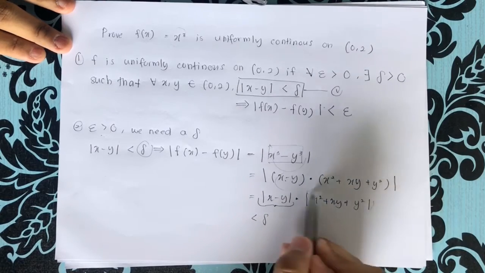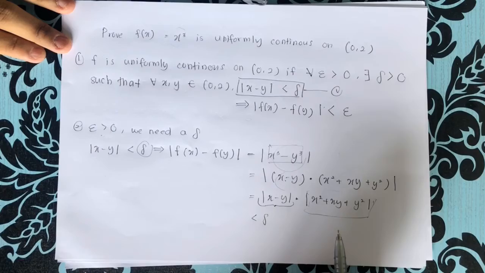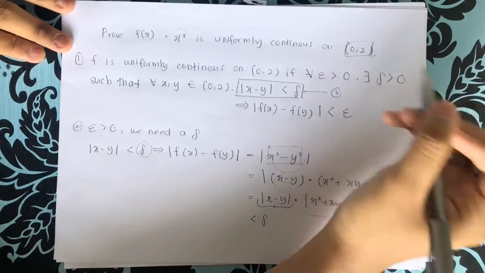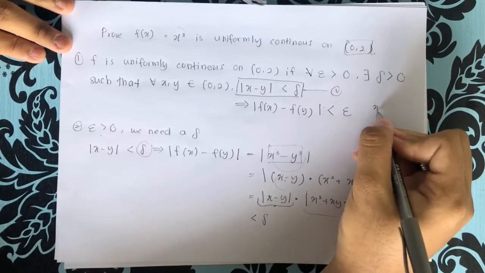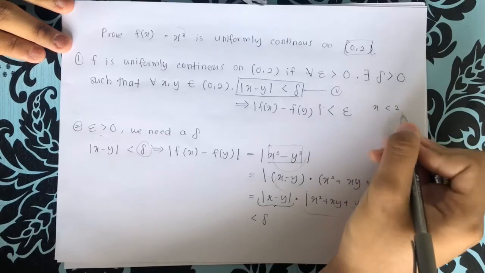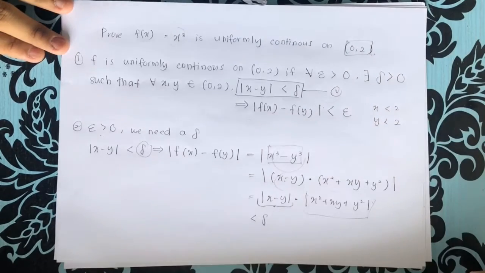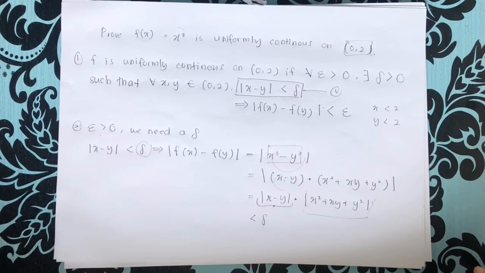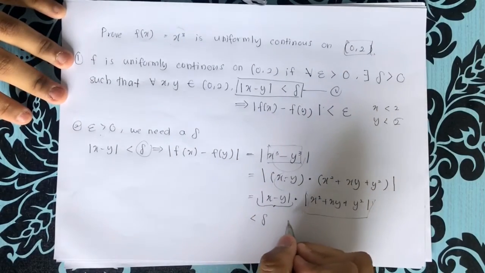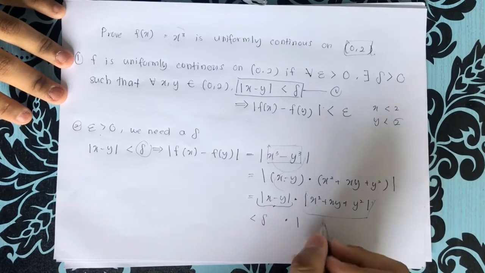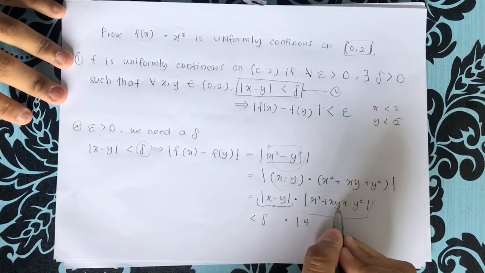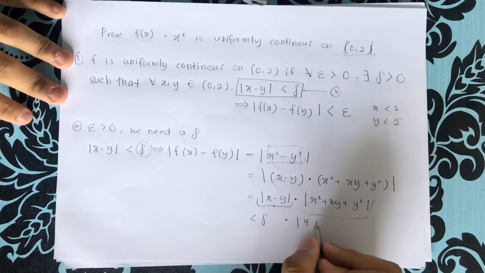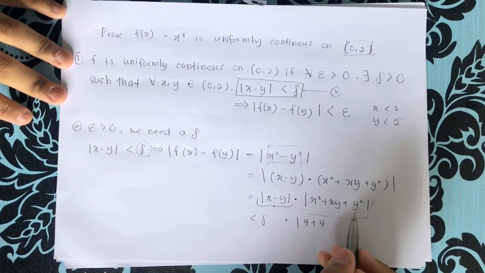And how about the other part? We need to figure that out. From the interval we know the maximum is 2 and the minimum is 0, so x is less than 2 and y is also less than 2. So we can take 2. x squared is 4, xy is 2 times 2 which is 4, and y squared is 2 squared, also 4.